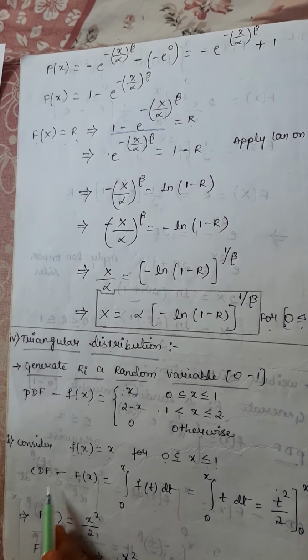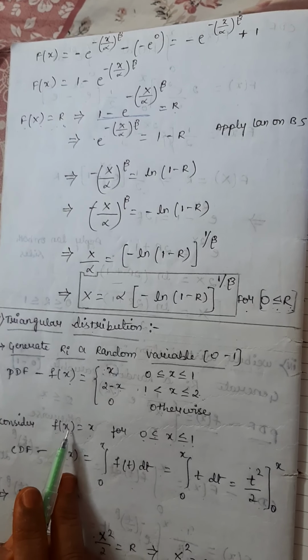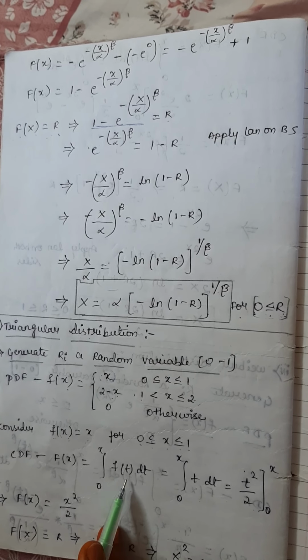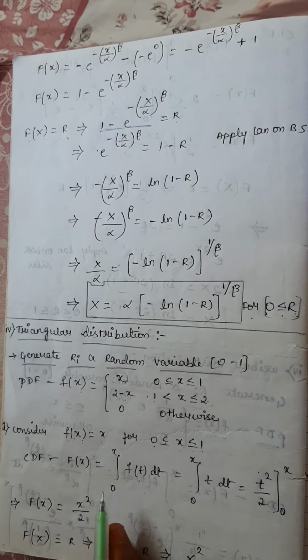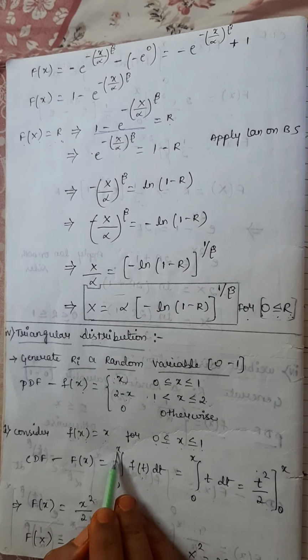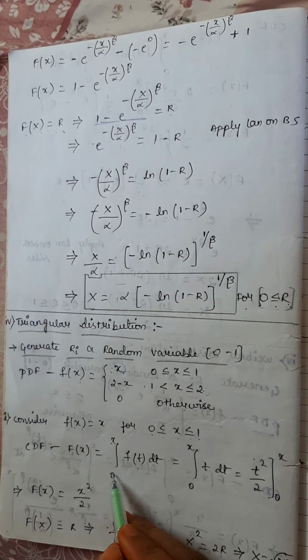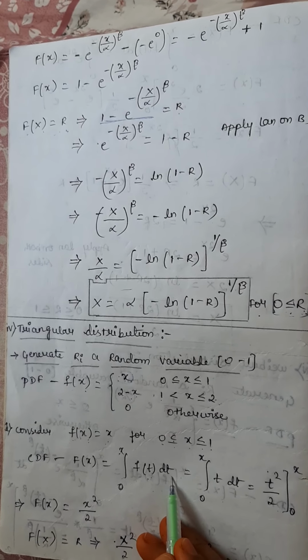The cumulative distribution function, as usual, capital F of x, is the integration of the probability density function in terms of t, where the lower limit is 0 and the upper limit is replaced by x. So 0 to x integration of f of t dt.